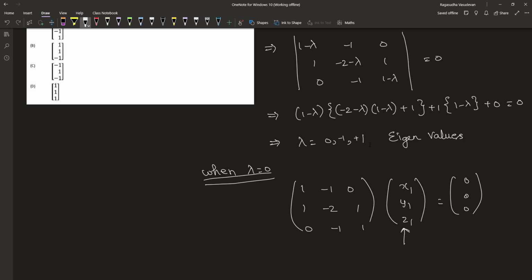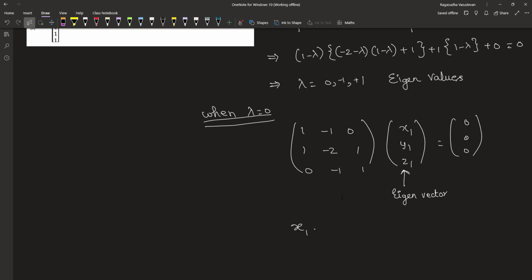This matrix [x1, y1, z1] is the eigenvector that corresponds to the eigenvalue 0. So, x1 minus y1 is equal to 0, x1 minus 2y1 plus z1 is equal to 0, minus y1 plus z1 is equal to 0.